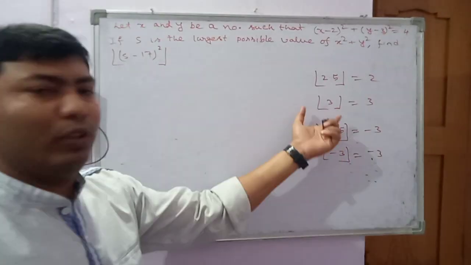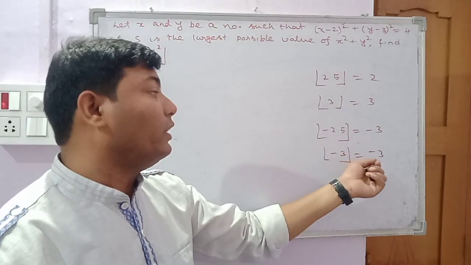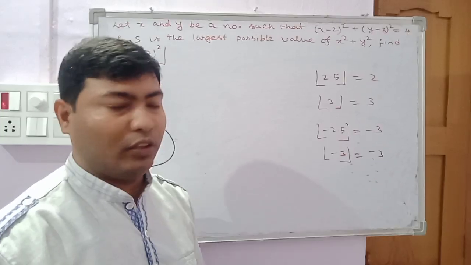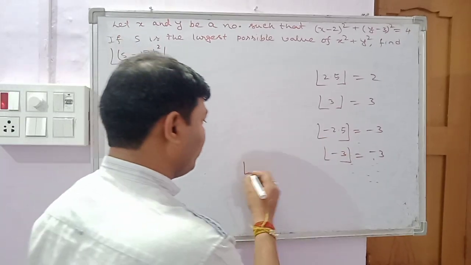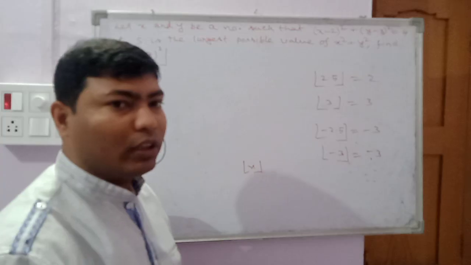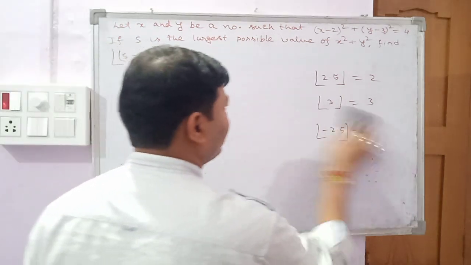So for an integer it takes the integer value, and for a fractional value it takes the largest integer not greater than the number. So floor x equals the greatest integer not greater than x.